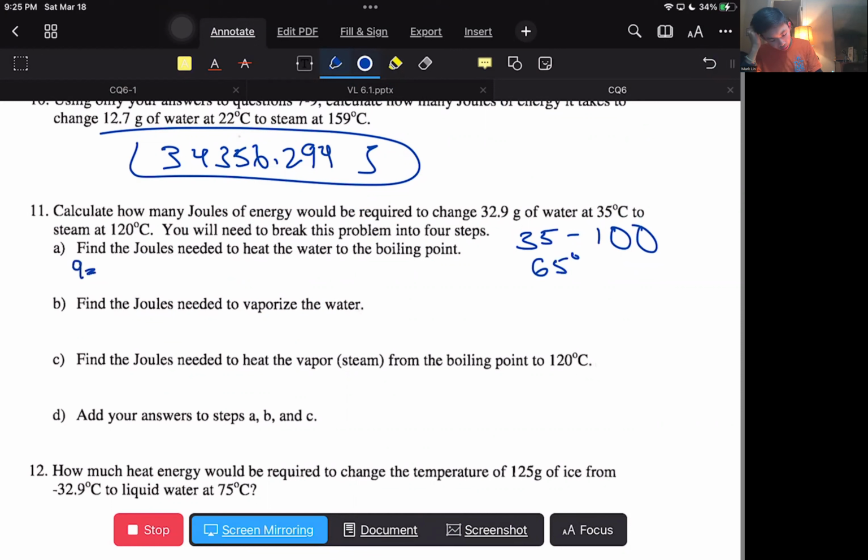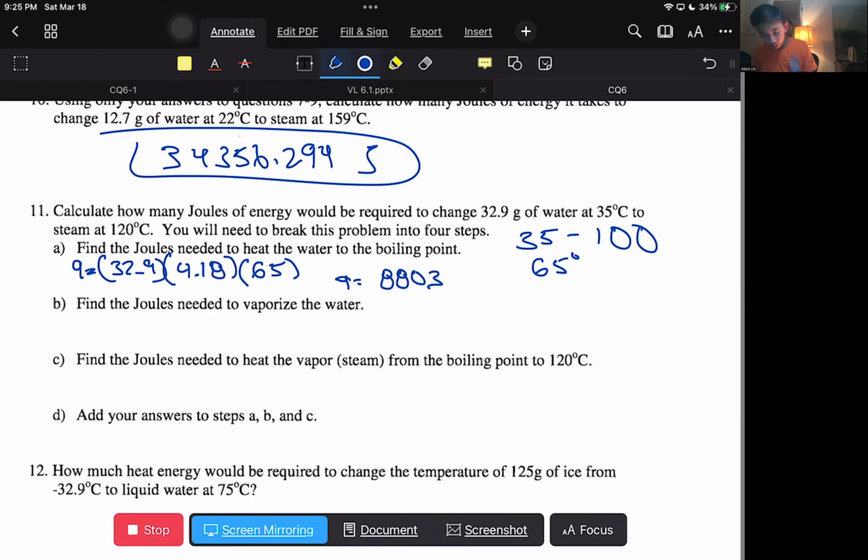So Q equals mass, which is 32.9, C is 4.18 because we're in the water range, and the temperature change is going to be 65 degrees Celsius. So 32.9 times 4.18 times 65. Q is going to be 8803.